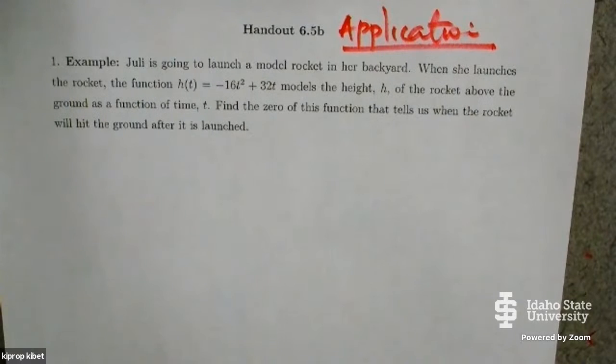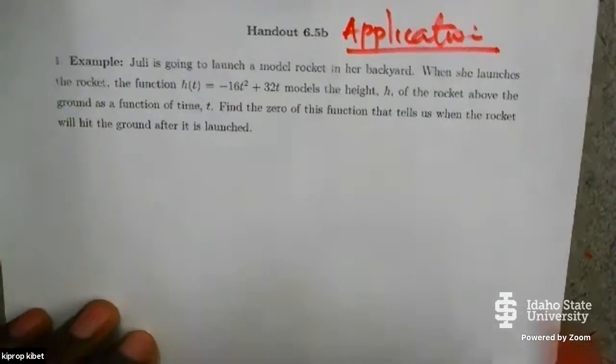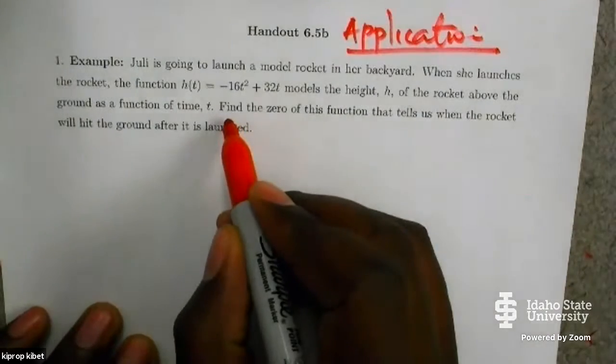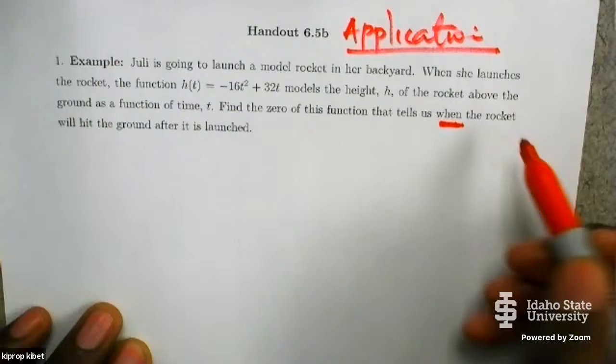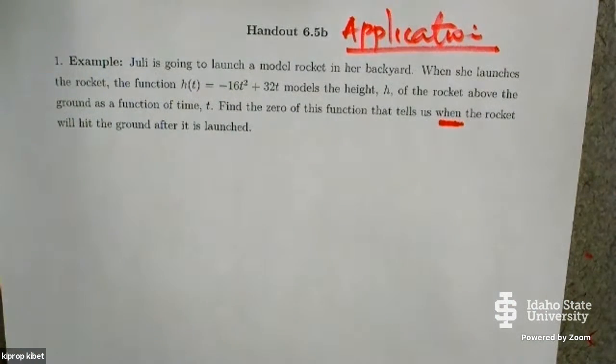When, so when means what? We're looking for time, which is t. We're looking for t. So you read the question very well, and then you check what they are asking.